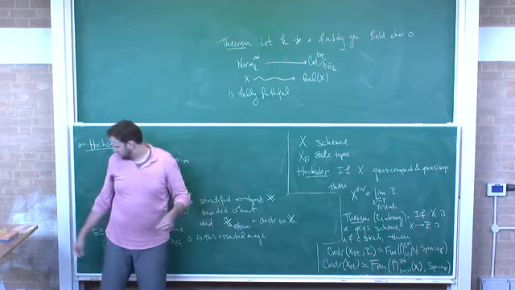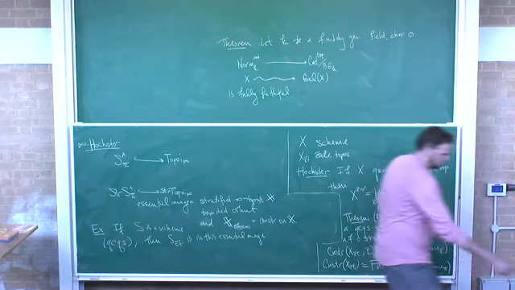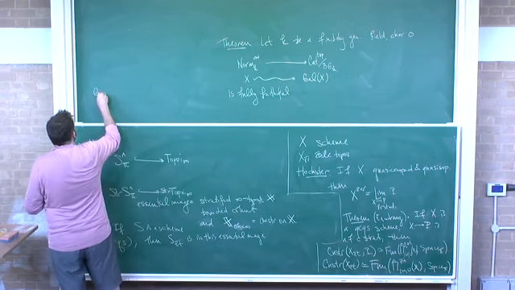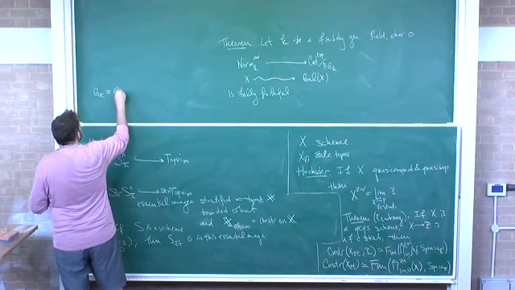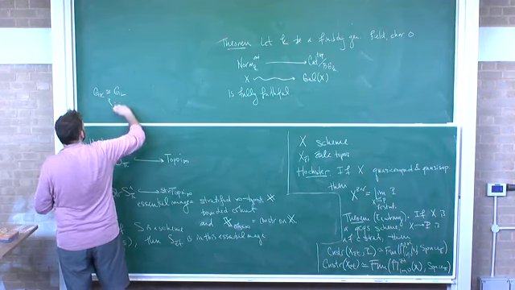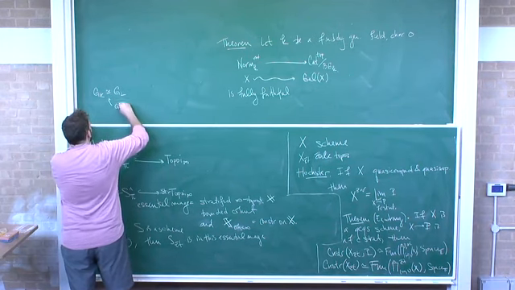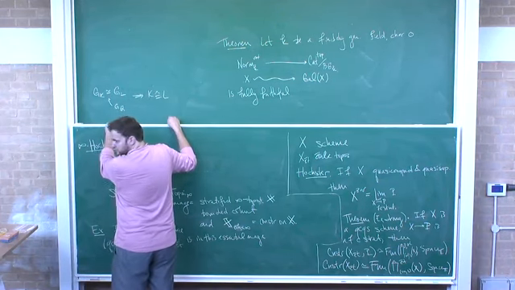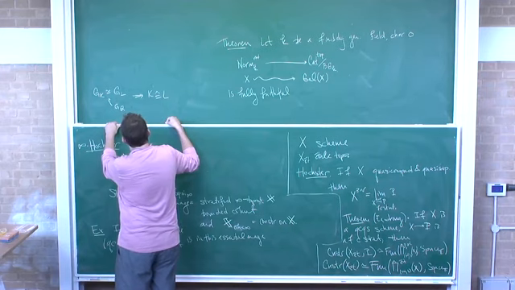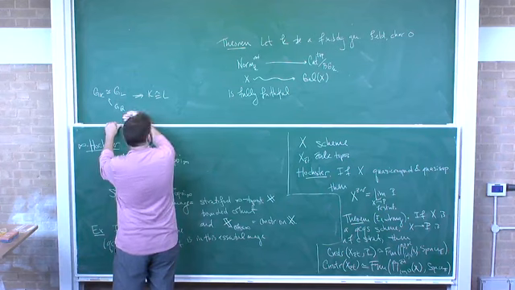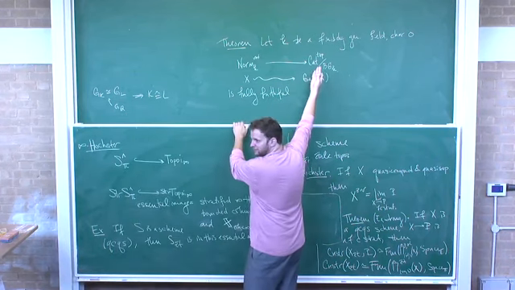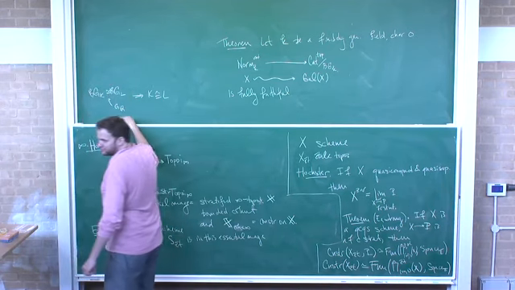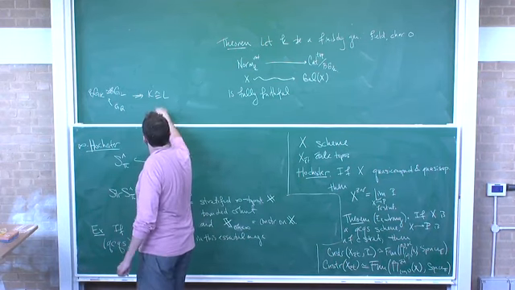What's GQ? Let me write it down. I'm saying that if these things are isomorphic as groups with an action of GQ, then K is isomorphic to L. Or, if you like, BGK and BGL, if these two things are the same with this action of GQ, then this happens.